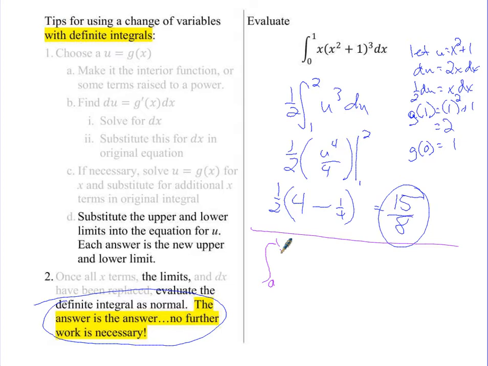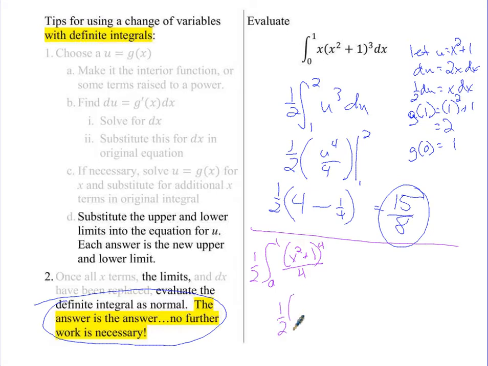No, the 1/2 still stays up front. The 1/2 is still there. Right. Okay, so we substitute u back in and we have x squared plus 1 in there for u. So now it's x squared plus 1 to the 4th over 4, and we're going from 0 to 1, with the 1/2 still out front.